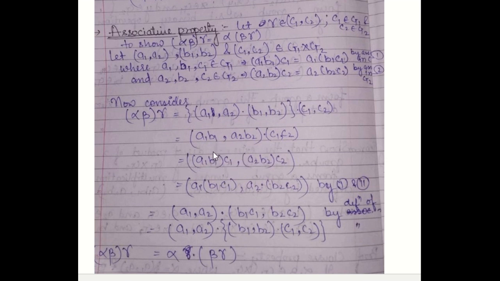All these elements A1, B1, C1 are elements of G1 and A2, B2, C2 are elements of G2. And since they are multiplicative groups, multiplication is associative over the elements of G1. So we can replace the bracket and we get A1 (B1 C1).